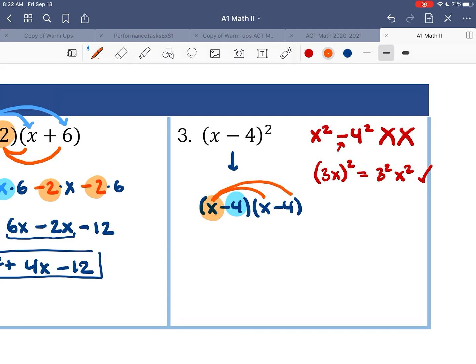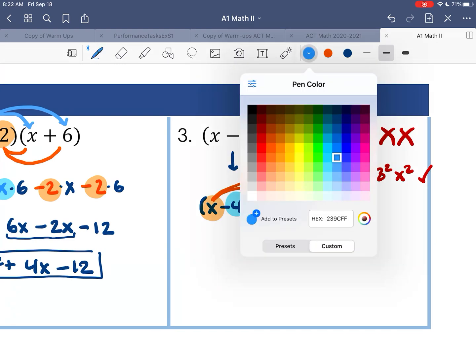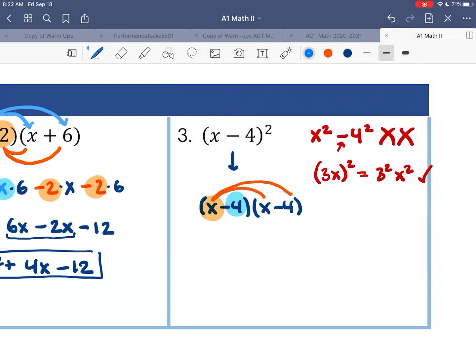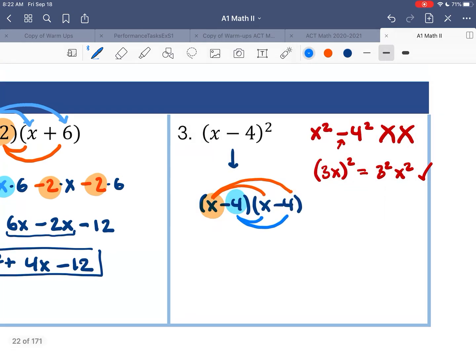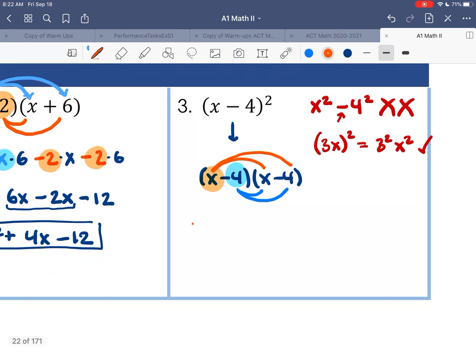I'm going to distribute the x in there, and then the 4. So we have an x times our x from the other parentheses, plus x times the 4, with a minus.